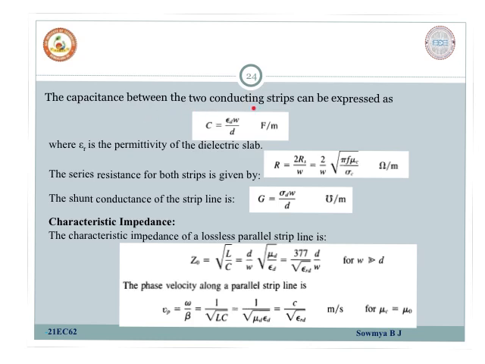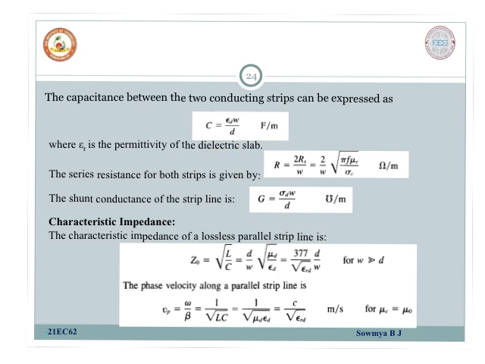The capacitance between the two conducting strips can be expressed as C is equal to epsilon d into W by d farad per meter, where epsilon d is the permittivity of the dielectric slab.